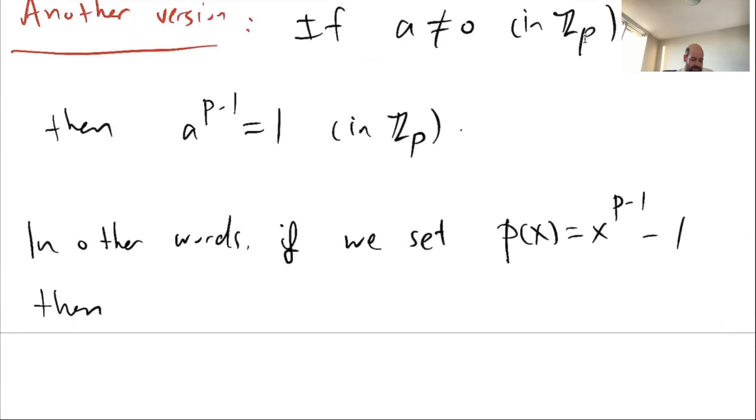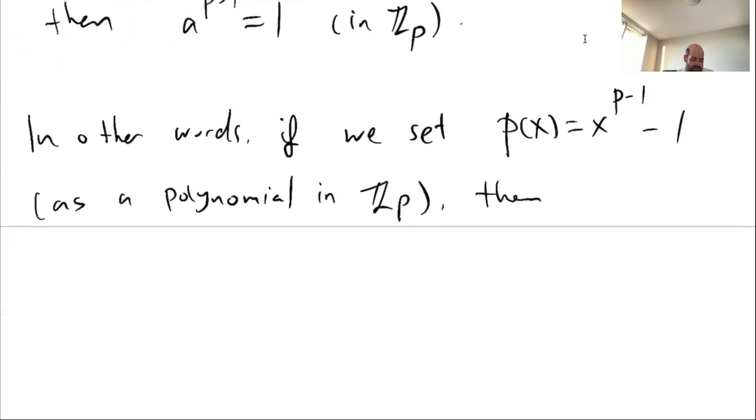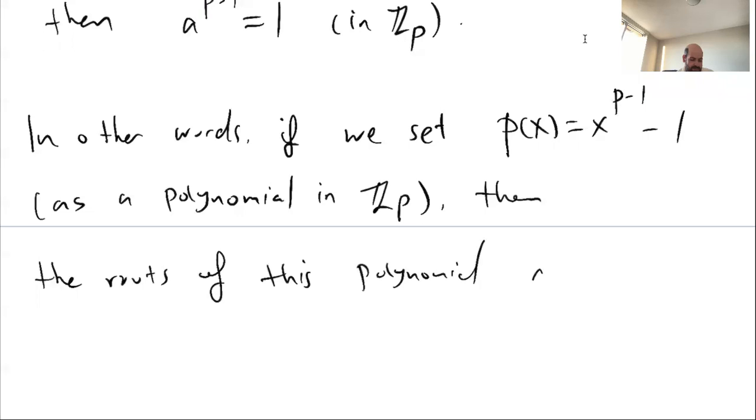If we set this as a polynomial in ZP, then the roots of this polynomial are 1, 2, 3 to P minus 1.